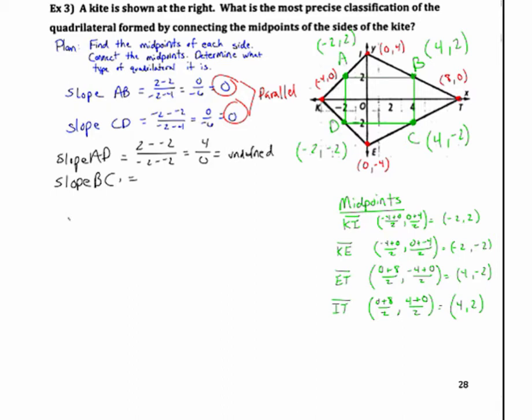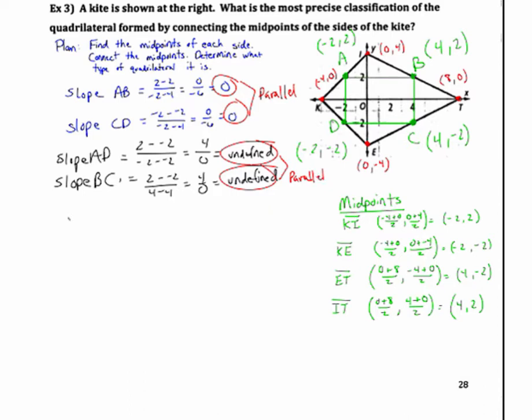If the other one comes up to be undefined as well, then I'm still the same, and those would be parallel. So I find the slope of BC, so it's going to be the y minus the y, 2 minus the negative 2, over the 4 minus the 4, which is 4 over 0, which again is an undefined slope. It's okay for both of them to be undefined. What I'm trying to show is that they're the same. So since these two are the same, those are definitely parallel.